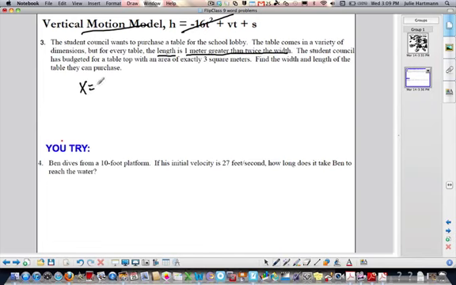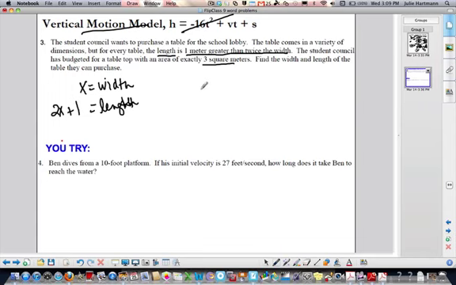So let's call x our width. So our length, 1 meter greater than twice the width, would be 2x plus 1.